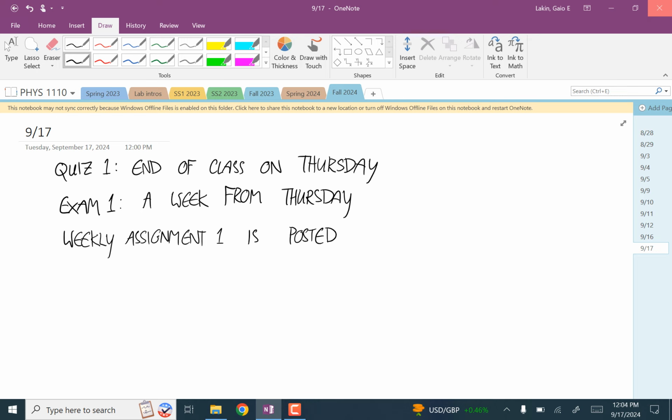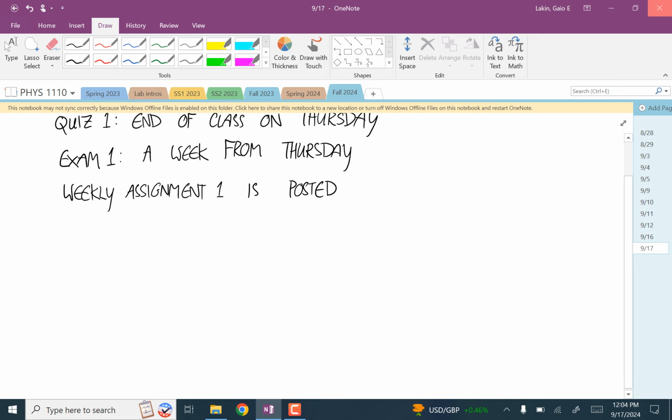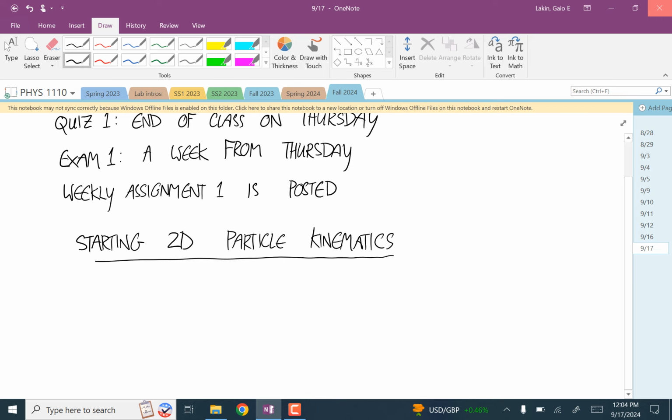So we've been doing 1D particle kinematics, and now we're going to start 2D particle kinematics. And so remember the meanings of these things.